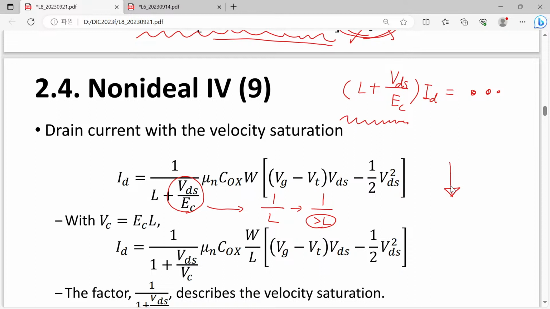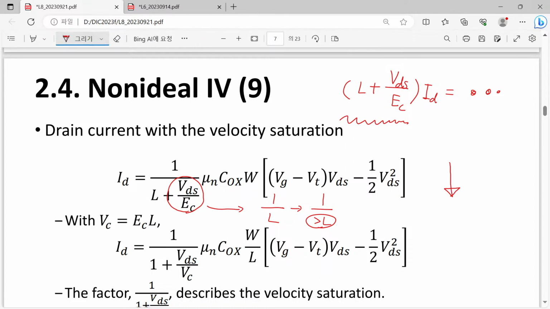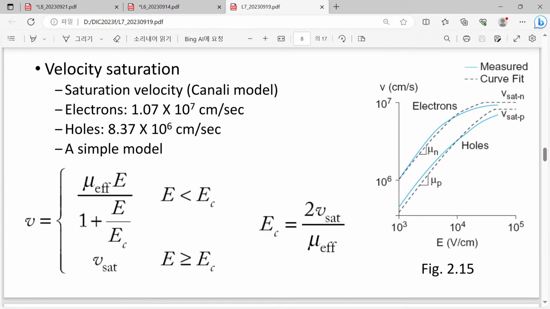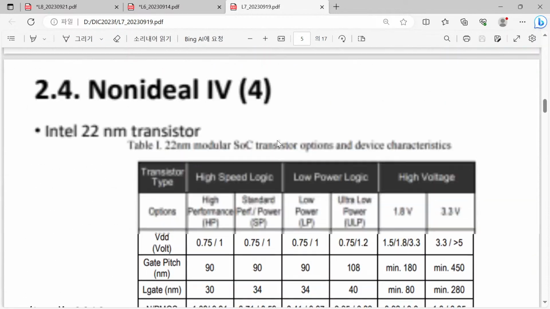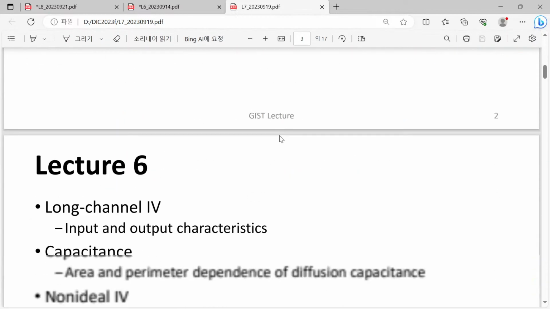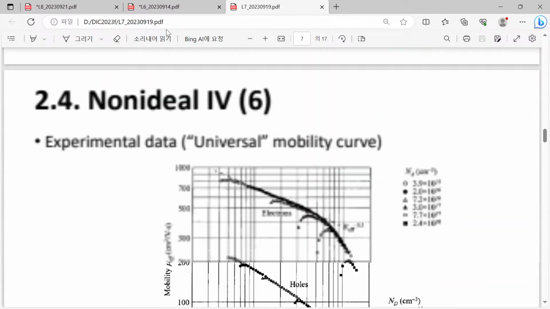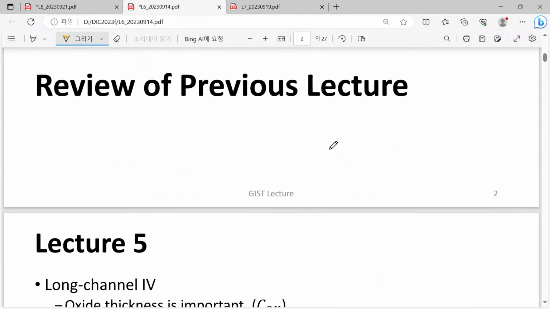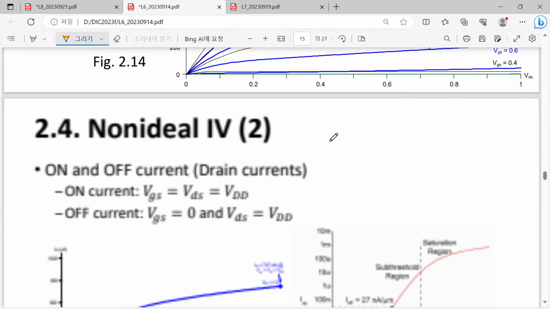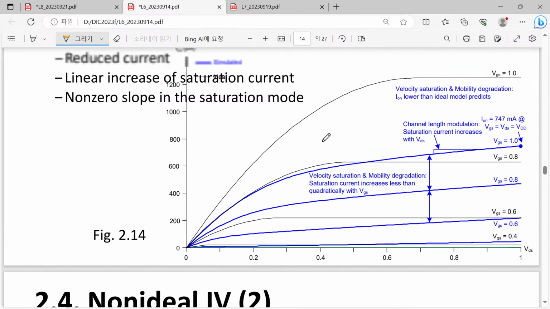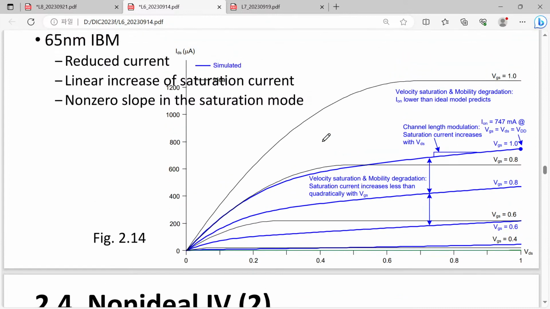So simply speaking, let me come back once again. This is our previous lecture slide, number 7. Oh, sorry about that. I have to go to number 6. So here we have IV characteristics, and we have three notable observations for our short channel device.